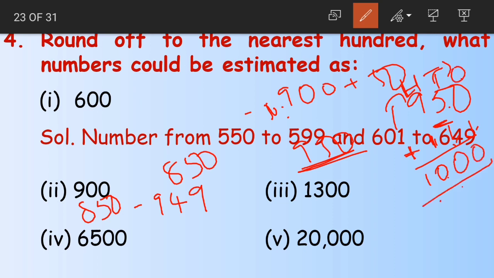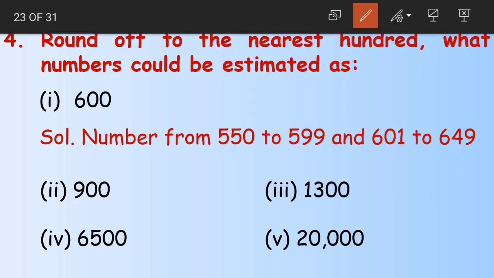So the number we get is 1000 but not 900. So when we estimate 950 to the nearest 100, the number we get is 1000 but not 900. So the numbers from 850 till 949, when estimated to the nearest 100, will give 900 as the answer.